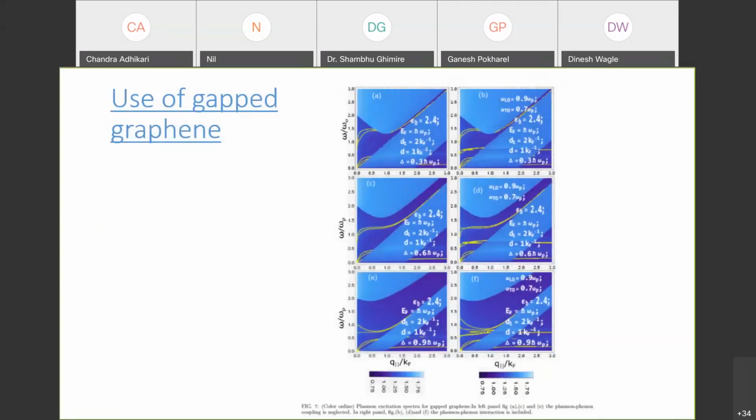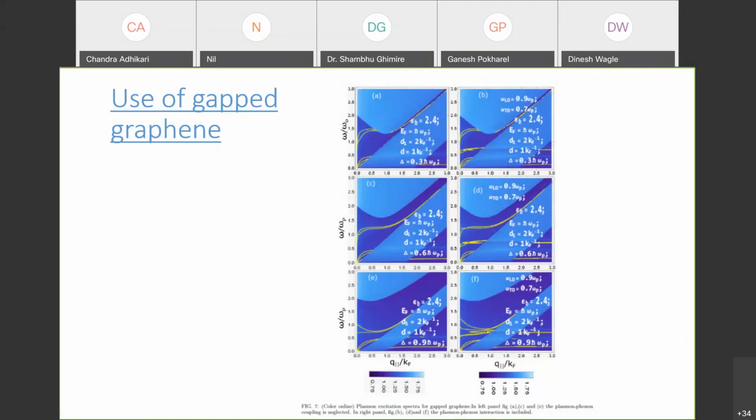A similar effect is seen when we consider gapped graphene. When we have gapped graphene, the particle mode excitation region gets split into two parts, which we can see here in the figure. When we increase the band gap, the splitting widens, and because of that widening, the plasmon mode survives in the larger wave vector region.